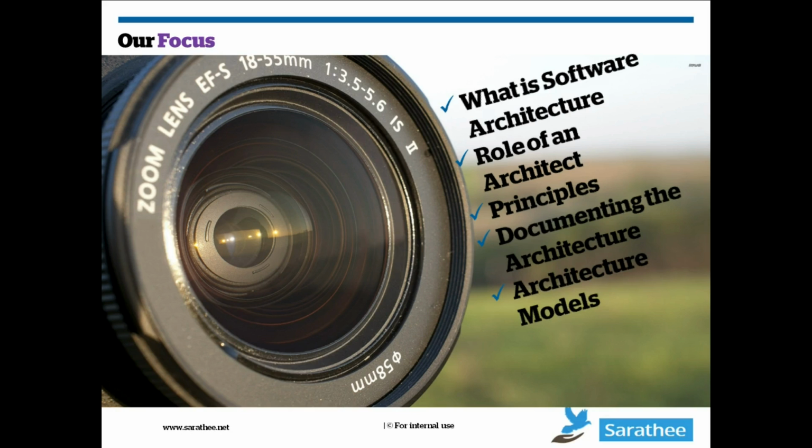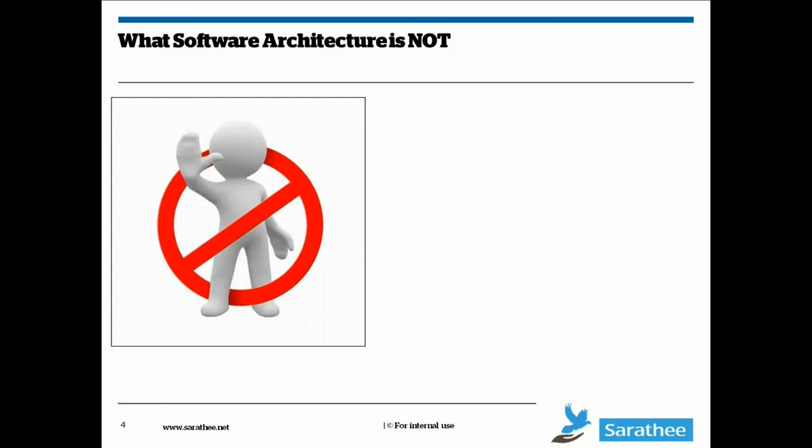And finally, we wrap up with some of the popular architecture models in the industry like SOA or MVC or the 4+1 models and so on and so forth. So without wasting any time, let's get started.